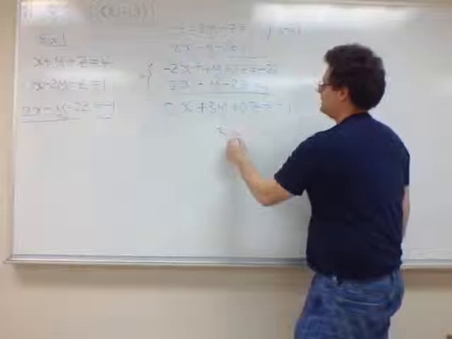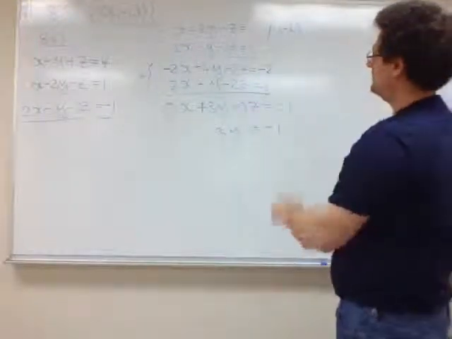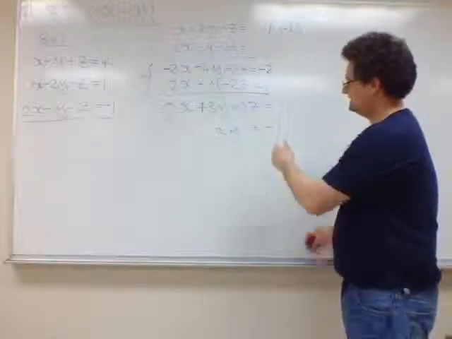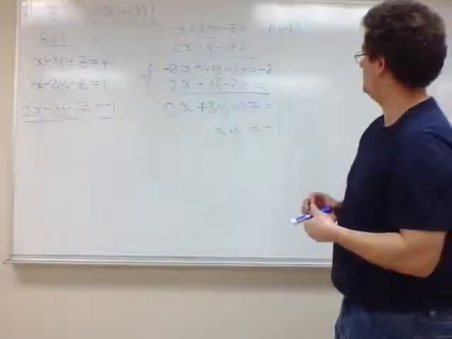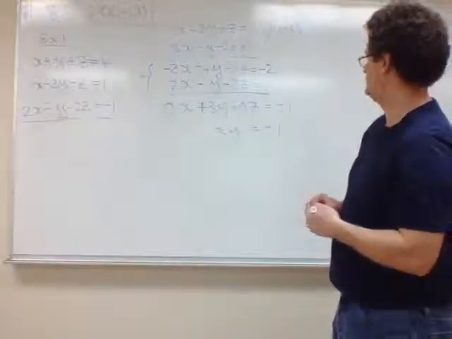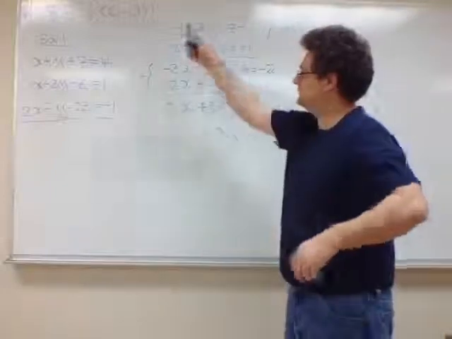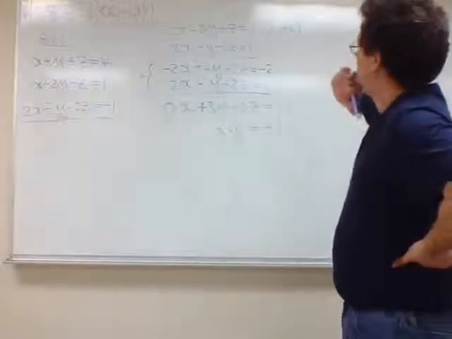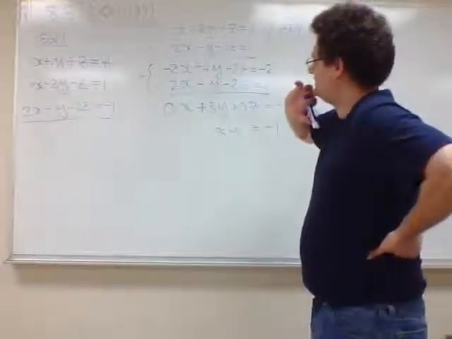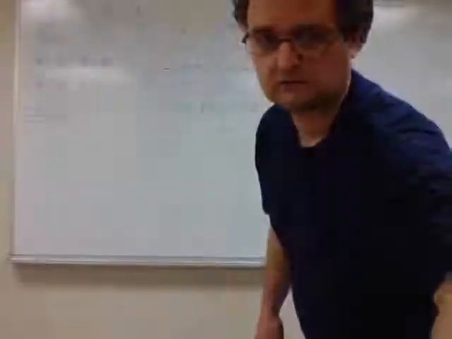So 3y is -1. Okay, something's wrong. This suggests that y should be -1/3, which we know is not true. Where is the error? Let me not waste time. I will just check.